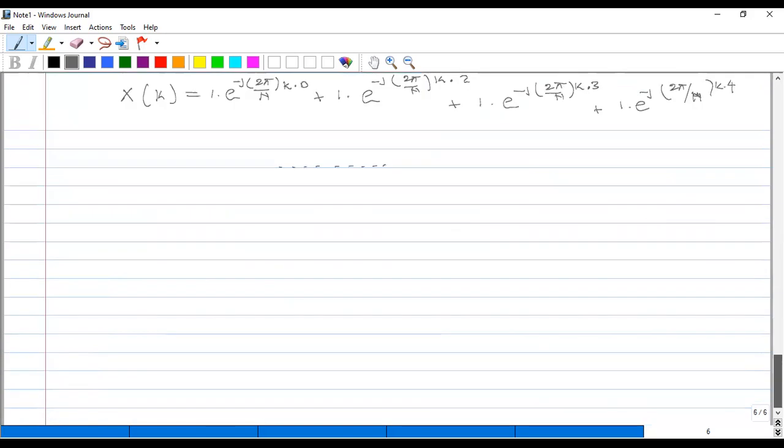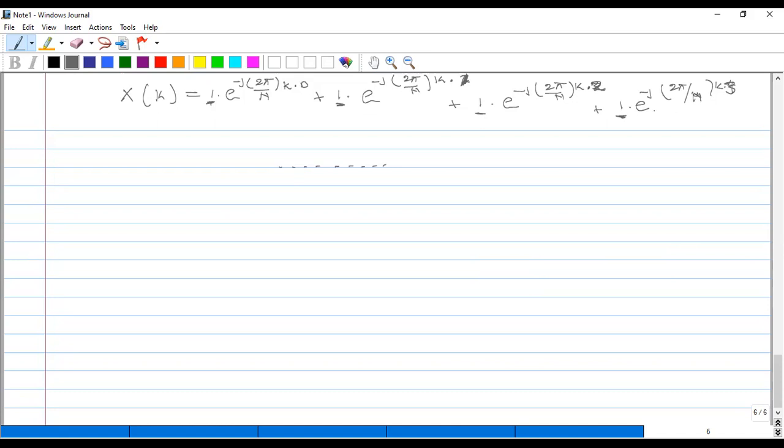That is why I put ones here. This is x[0], this will be x[1], so here 1, this will be x[2], so here it will be 2, this will be x[3], so here this will be 3.